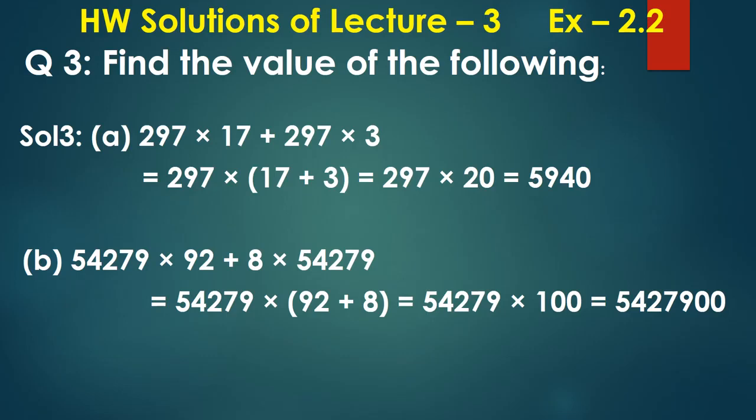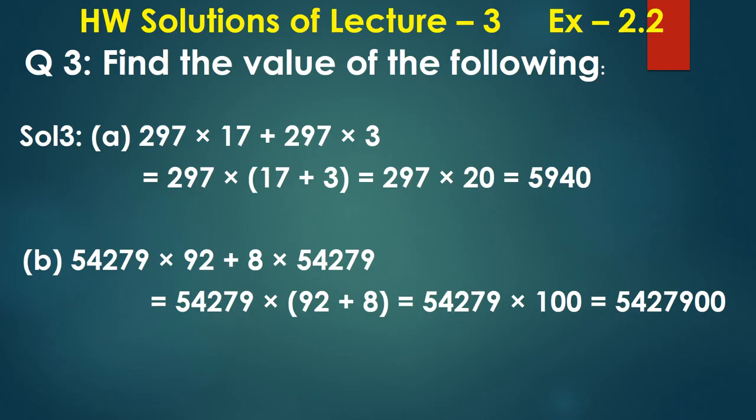See the second example. Question: 54,279 multiplied by 92 plus 8 multiplied by 54,279. Now see in this question 54,279 is common. It is present in both. So that we will keep outside the bracket.